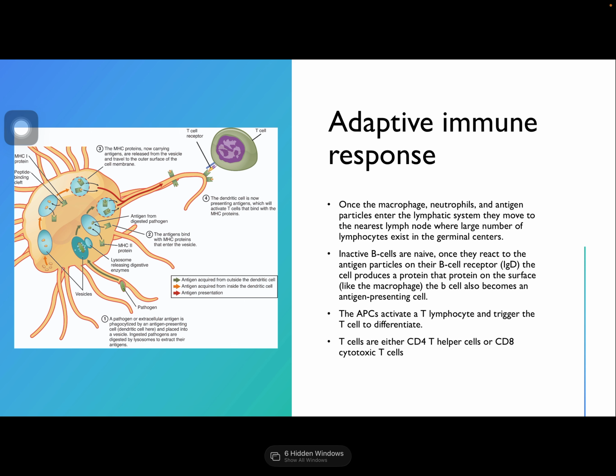Once they react to those antigen particles that got dumped in there, they bind to them. They are specifically formulated to bind to specific receptors, which are a type of non-specific antibody that our B cells are just waiting for to bind to. Once they bind, I think of it like the people in those movies sitting in the nuclear bunker who turn the key to arm the bomb. That's sort of what's happening here. These particles have armed the B cell.